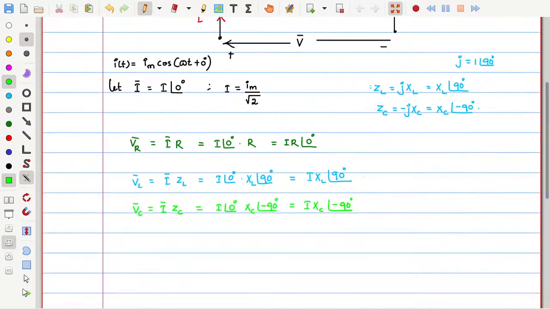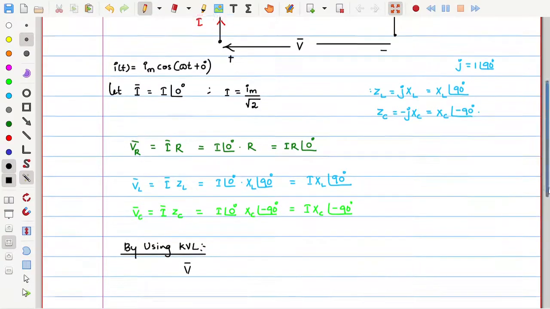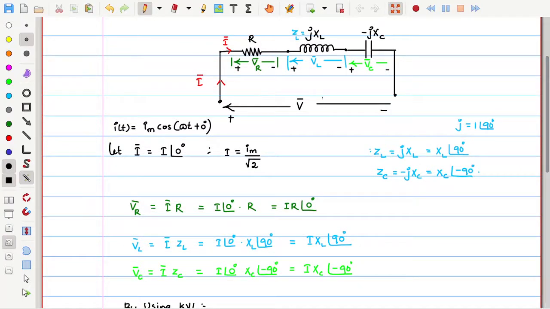Now, by using KVL, the total voltage across this entire RLC combination is the sum of the voltage across the resistor, the voltage across the inductor and the voltage across the capacitor.